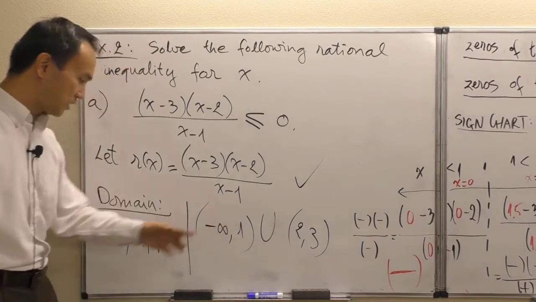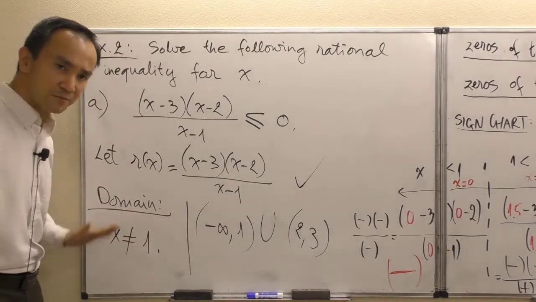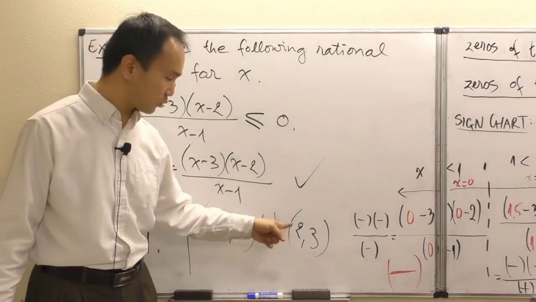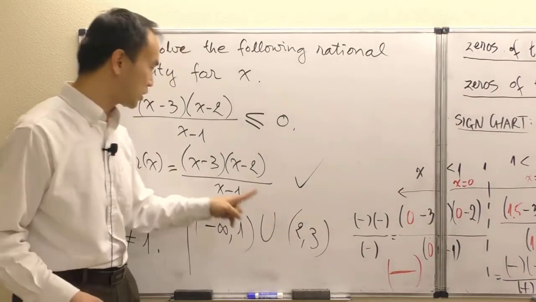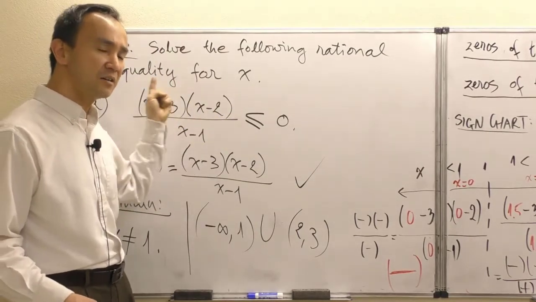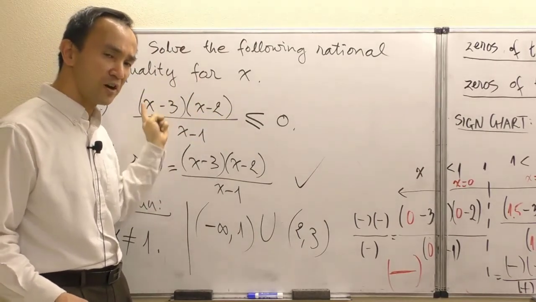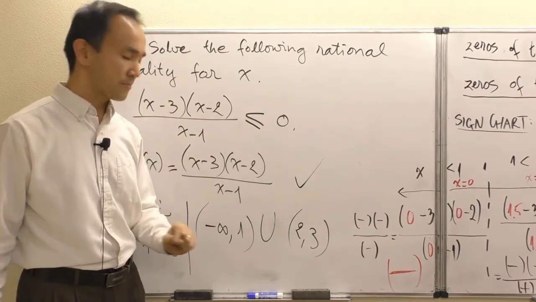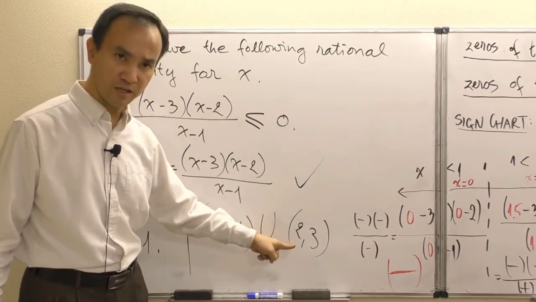The x equals 2 is simply free from this domain requirement. So yes, why not? Because when x equals 2, x minus 2 will equal 0, making the entire rational function on the left-hand side equal 0. So x equals 2 can be included.